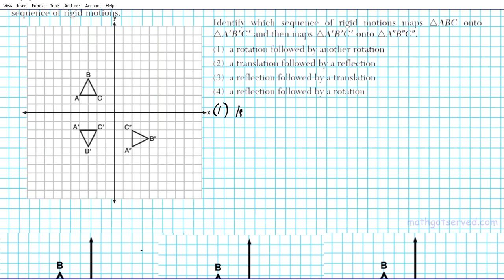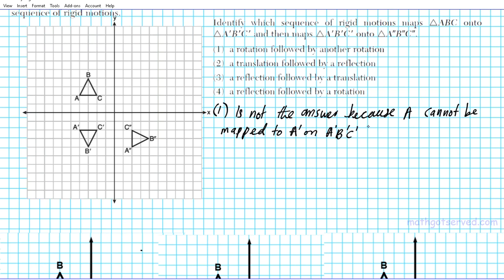Option 1 is not the answer because A cannot be mapped to A prime on triangle A prime, B prime, C prime by rotation. There's no way that you can do it. The orientation will shift. So option 1 is not the answer because it fails the first rigid motion transformation.